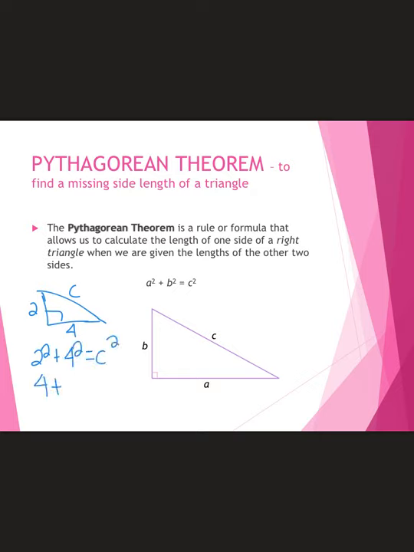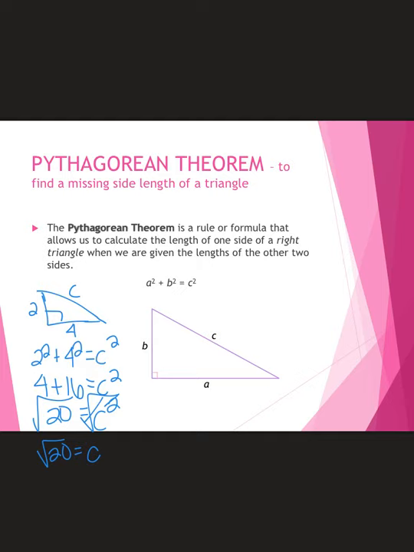So 4 plus 16 equals c squared. And 16 plus 4 there gives me 20. And to undo a square, you have to take the square root. So the square root of 20 equals c.